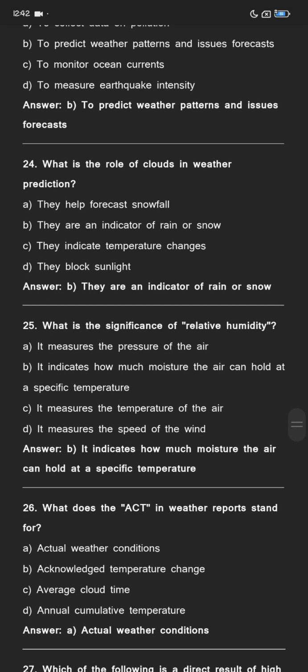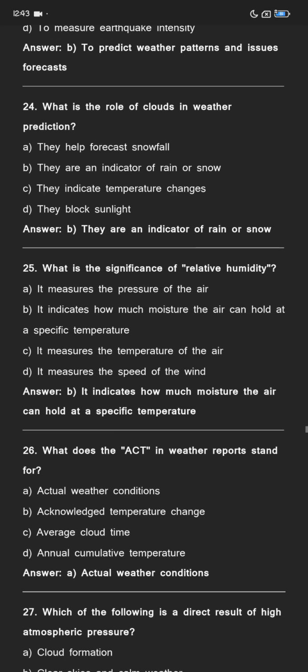What is the role of clouds in weather prediction? They help forecast snowfall. They are an indicator of rain or snow. They indicate temperature changes. They block sunlight. The answer is they are an indicator of rain or snow.